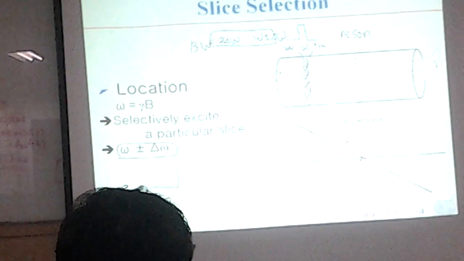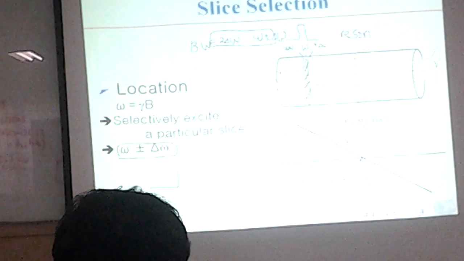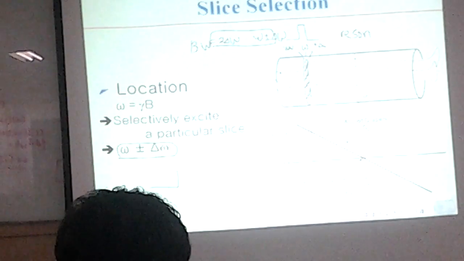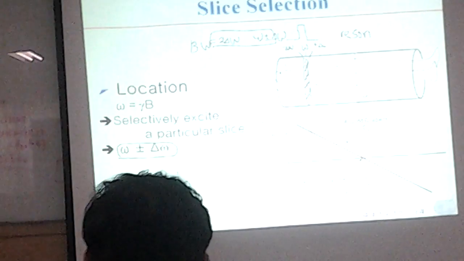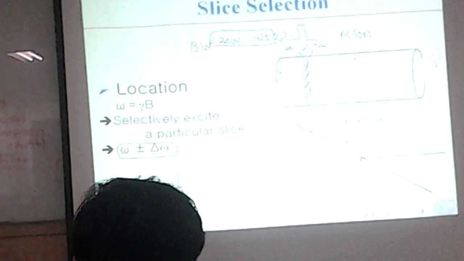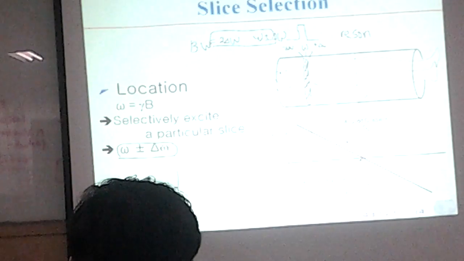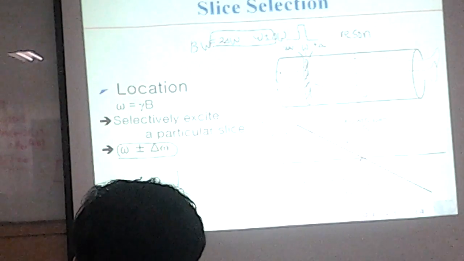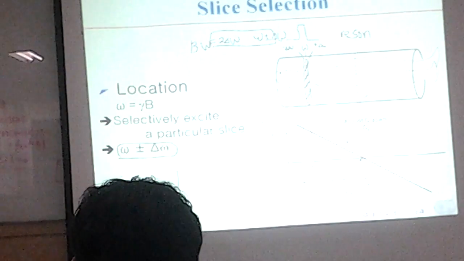After that, by applying the RF pulse, which has the bandwidth of 2 delta omega and the center frequency omega, then we can selectively excite the spins in the desired slice. If we change the bandwidth delta omega, then we can change the slice thickness.